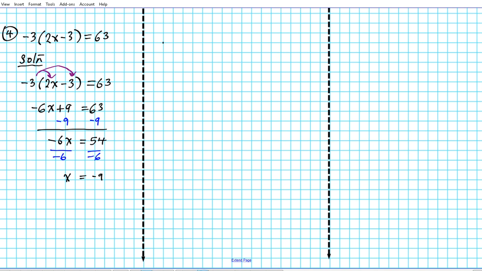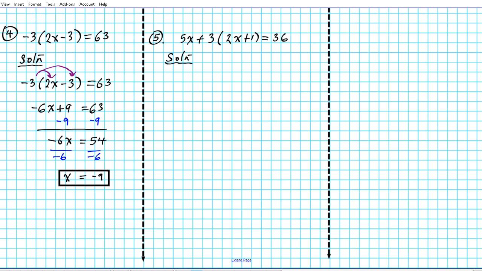Alright, let's take a look at problem number 5. Question 5, what if we have the equation 5x plus 3 times quantity 2x plus 1 equals 36? Let's do it.